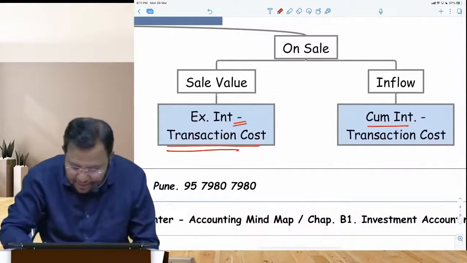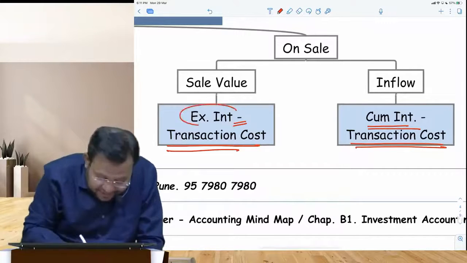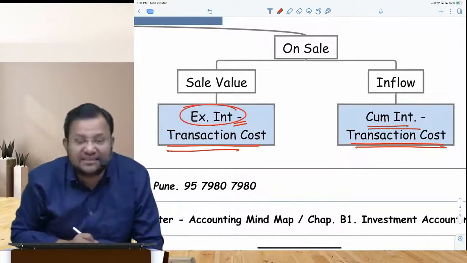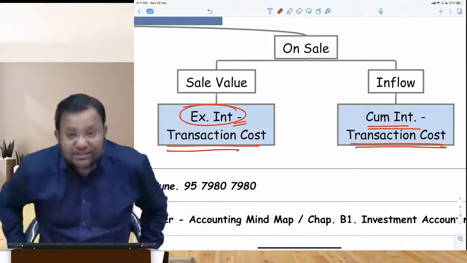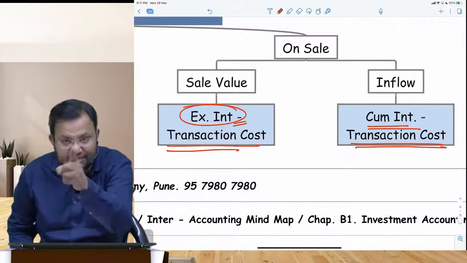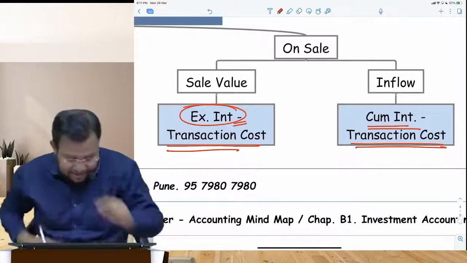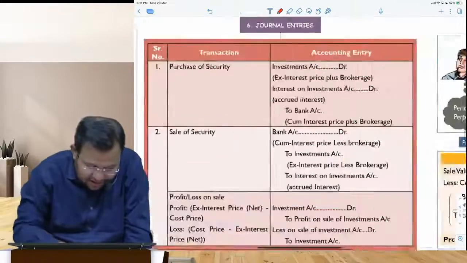Cum-interest minus transaction cost is what you are going to receive in your bank, but your effective sell value is ex-interest minus transaction cost. So remember, your cost or sell value on an effective basis is always calculated with reference to ex-interest price. Then what are the journal entries that you pass?